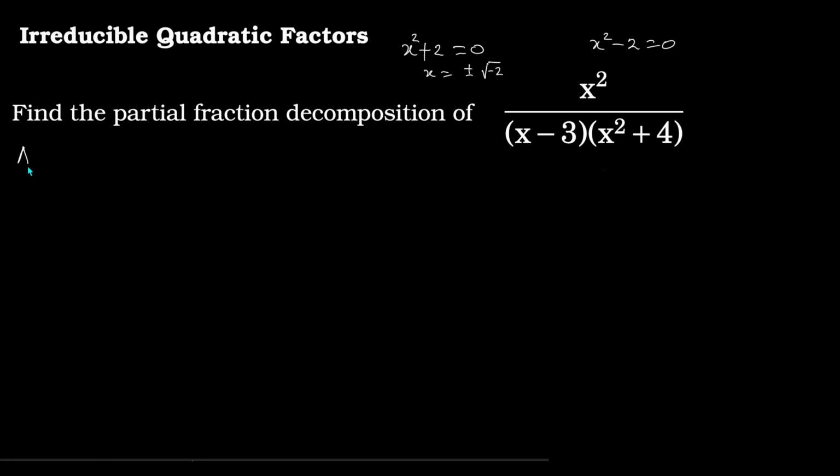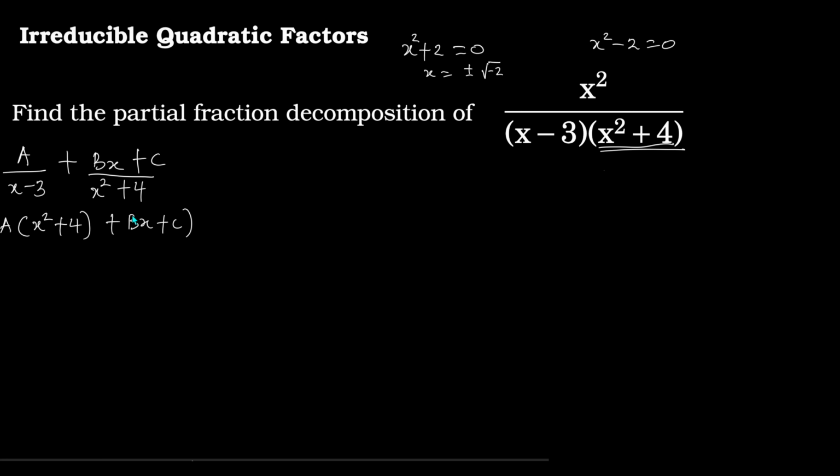Now, how do you break this down? You take A divided by x minus 3, plus Bx plus C, which is what you use for an irreducible quadratic factor like this, over x squared plus 4. So this goes as A times (x squared plus 4), plus (Bx plus C) multiplied by (x minus 3).